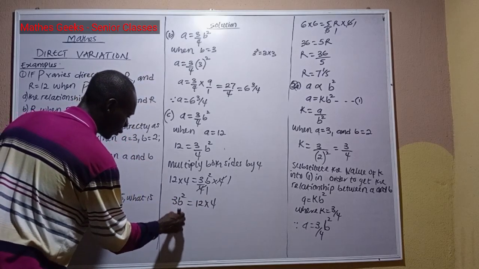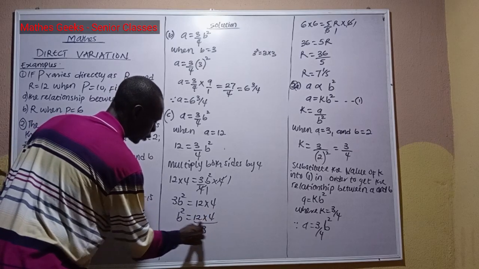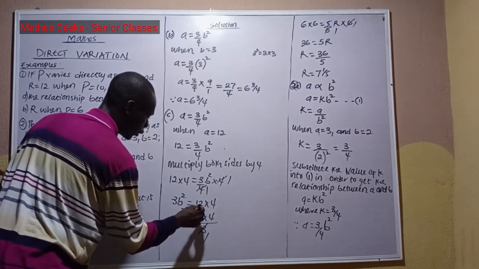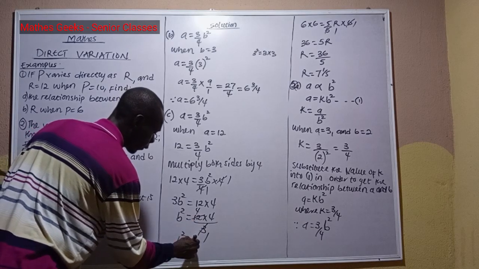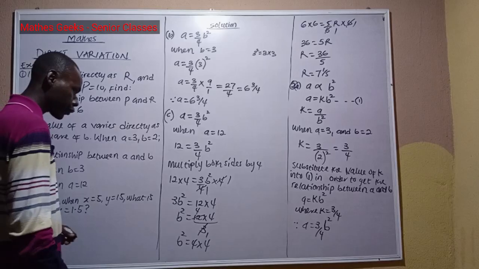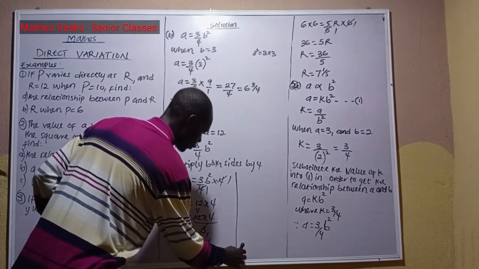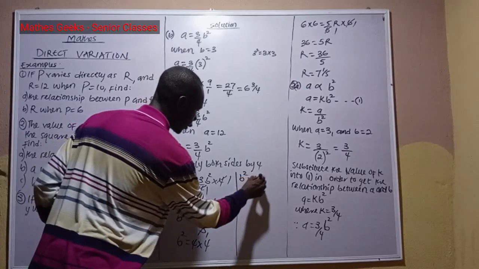Divide both sides by 3. B squared is equal to 12 times 4 over 3. 3 goes into 12 four times. So B squared is equal to 4 times 4, which is 16.